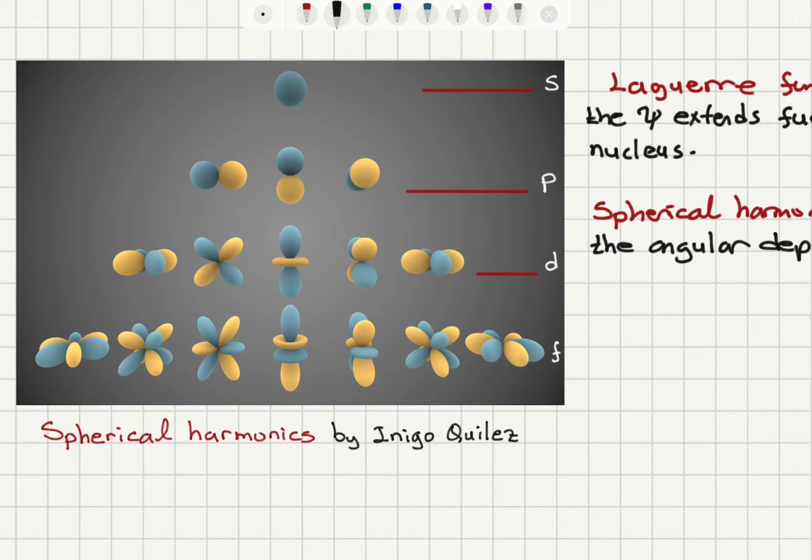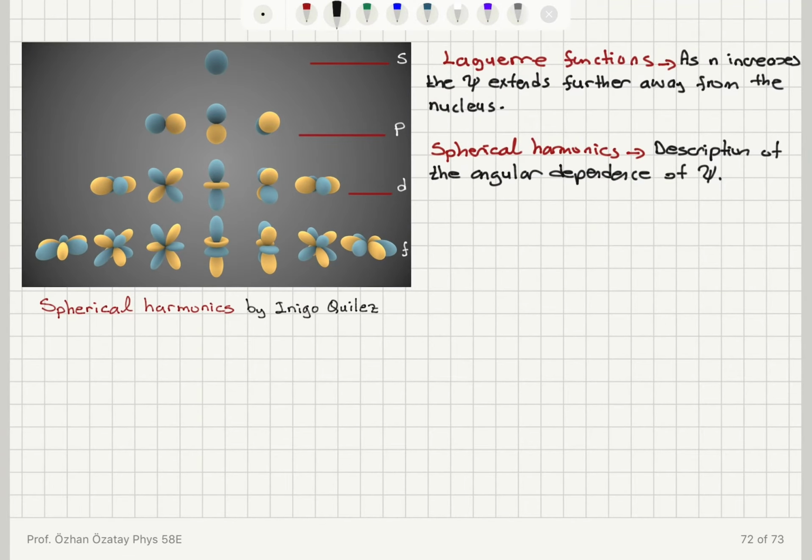Okay, so let's talk about the quantum numbers that we see. In n and l we see the radial part, and l and m sub l we see in the angular part, which is the spherical harmonics.